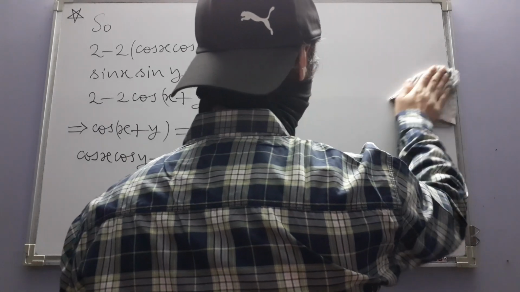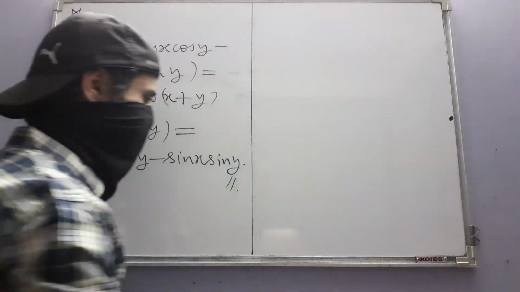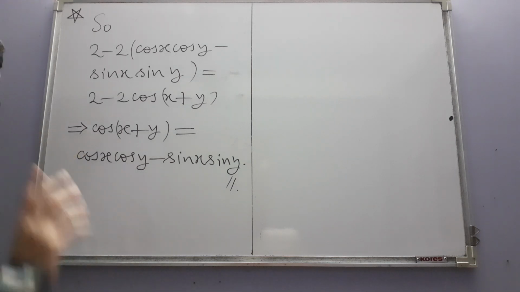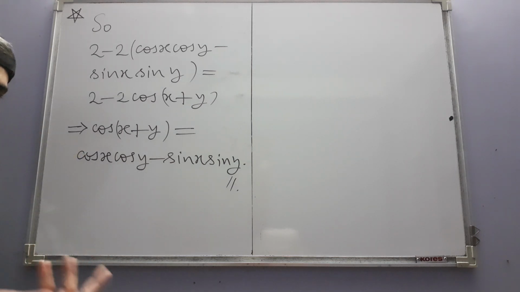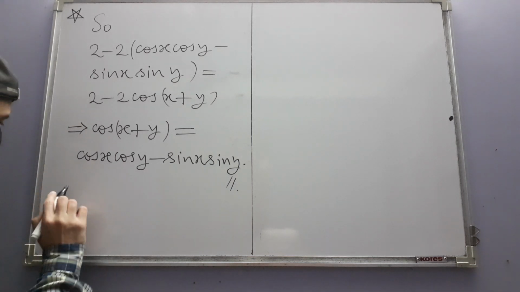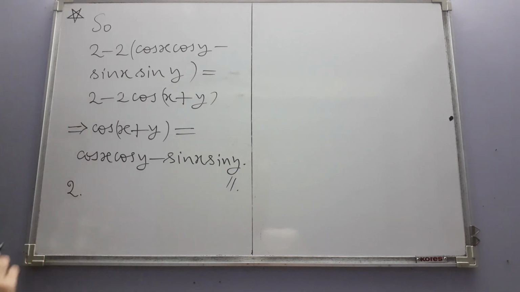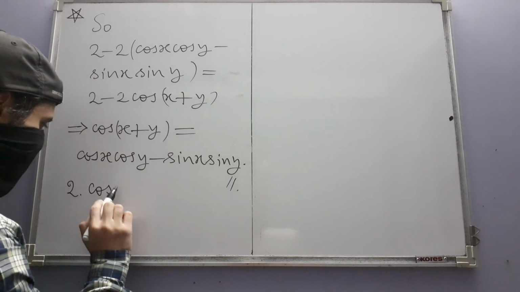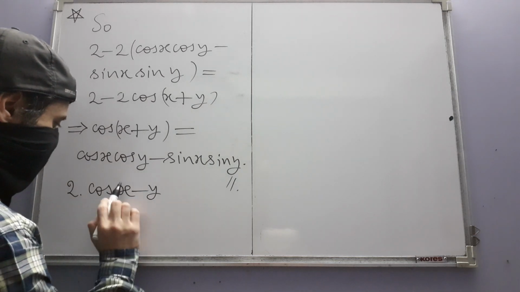And the first thing we can derive is the formula for cos x minus y. We now have x plus y, so from this we can easily get cos x minus y. How? Let's see. Actually, it's almost immediate. This is the formula cos x minus y.